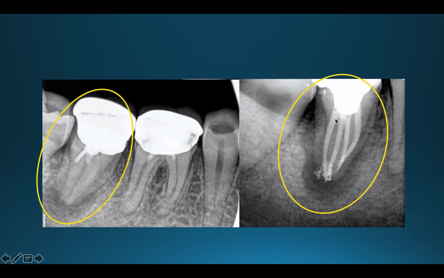So they have one C-shaped root canal orifice, but then this canal will branch into 4 main canals. So root canal treatment for second molars is tricky, and you can have unexpected root canal anatomy.